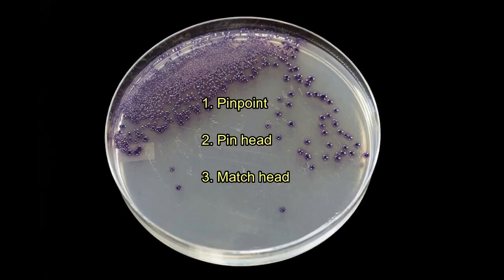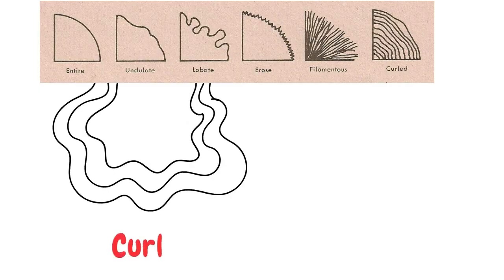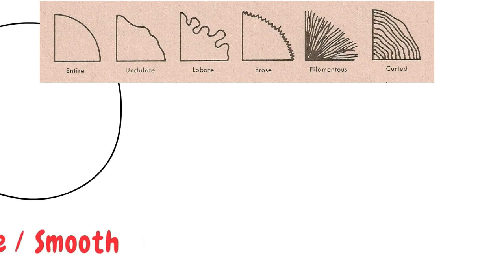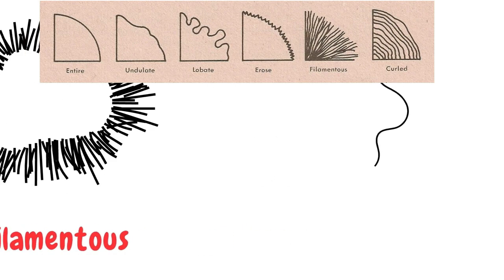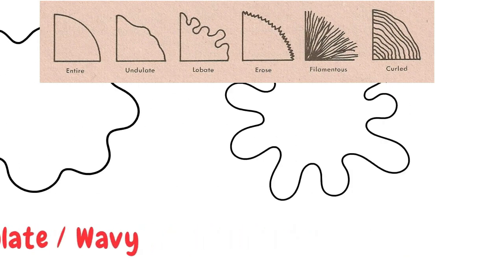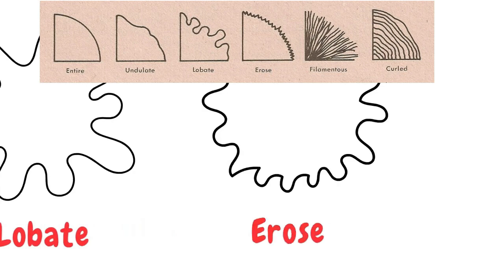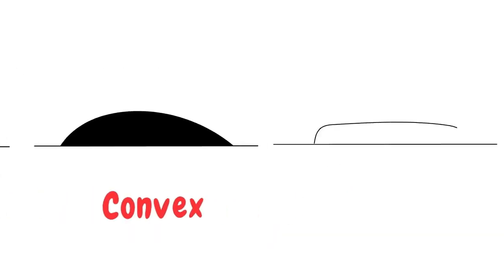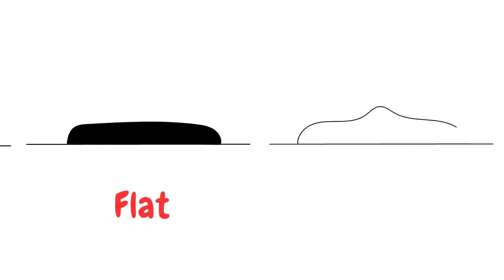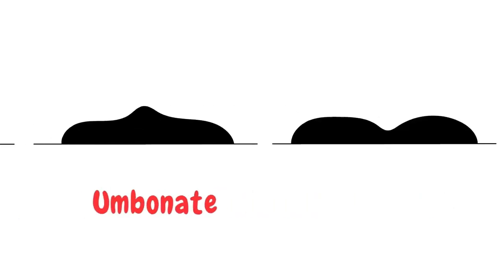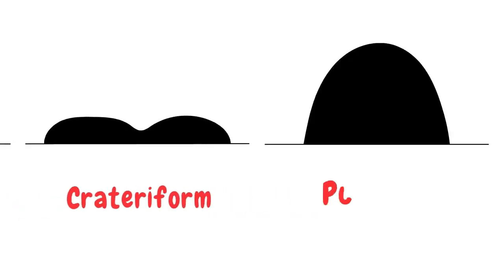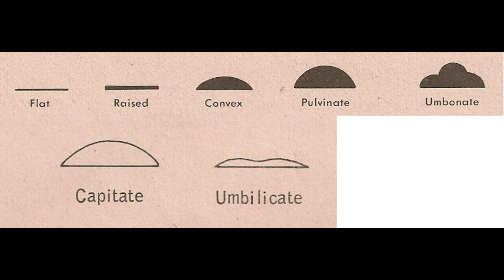Sizes can be defined as pinpoint, pinhead, or matchhead. Margin may either be curled, entire, or smooth, filamentous, undulate, lobate, or arrows. Elevation can be described as raised, convex, flat, umbonate, crateriform, and pulvinate, as shown in this picture for reference.